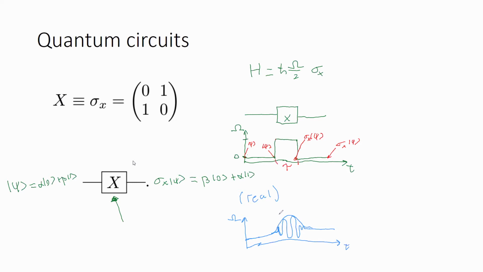But, and this is important, what matters is not so much the shape. The shape does not change the interaction, because what really matters for the gate here is actually the integral of omega(t) dt, if we call this time ta, and this time tb.